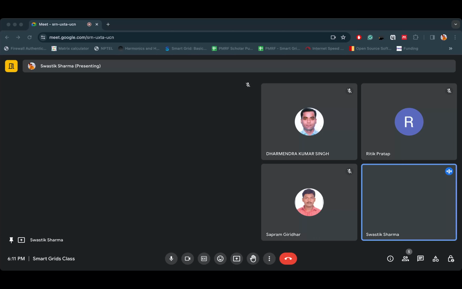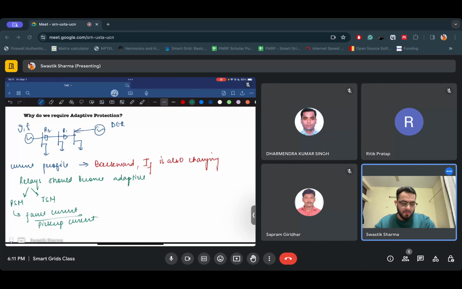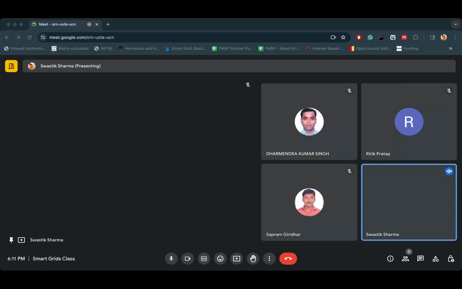This multiplier tells you that, whatever the PSM is set on, how much the fault current should exceed the pickup current for the relay to initiate a trip sequence, and the TSM adjusts the speed of the tripping.